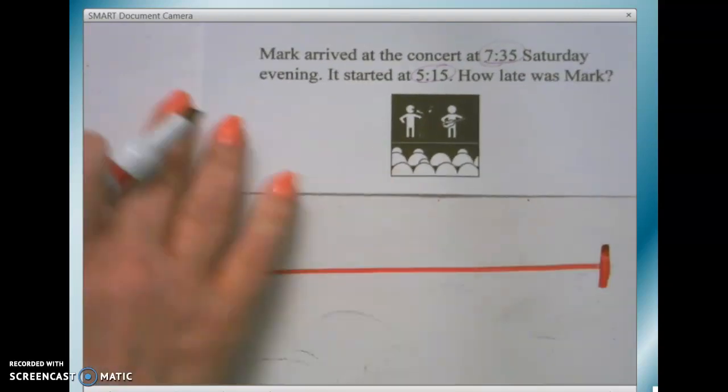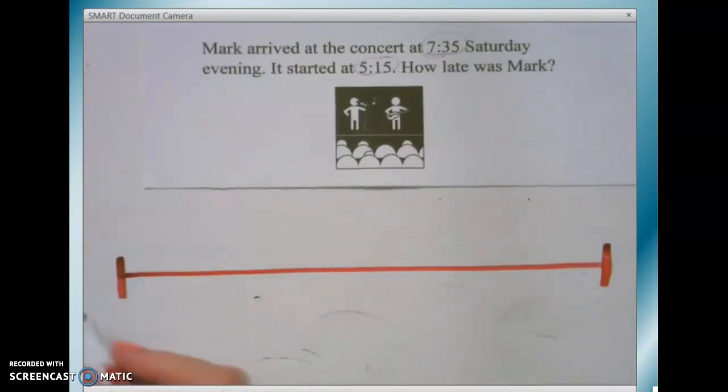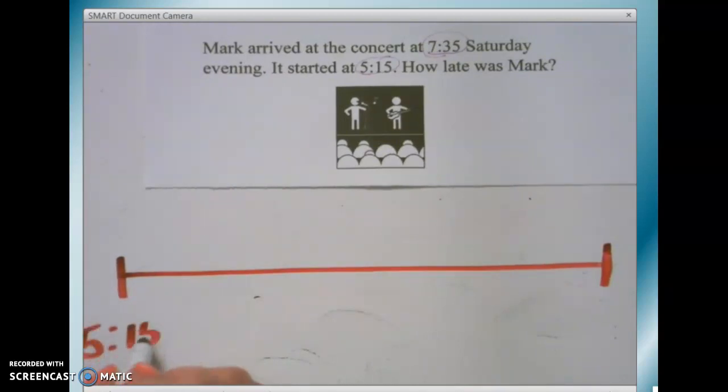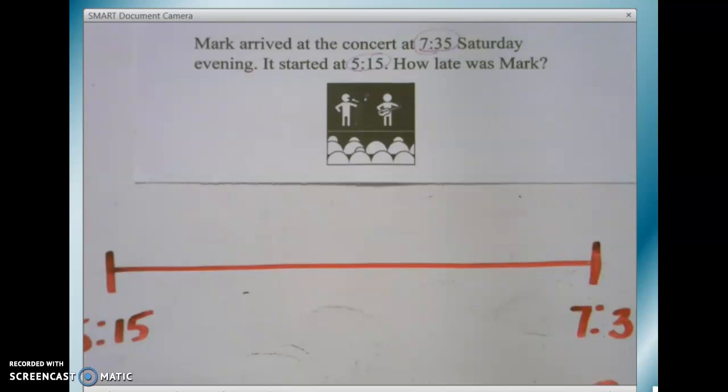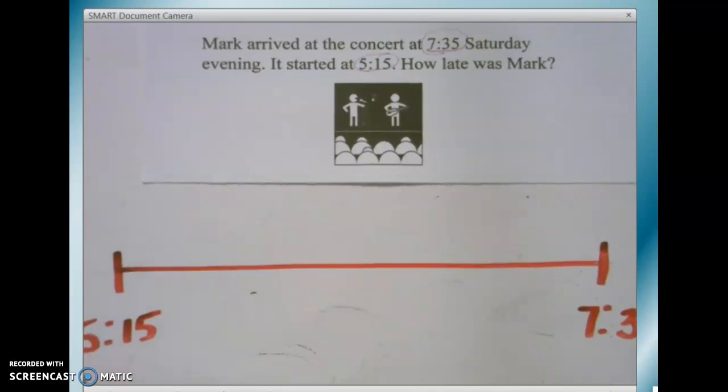All right, so how much longer? Let's see. Started at 5:15. He got there at 7:35. So you see, this is what time the concert started. Mark arrived at 7:35. How much time is it between the beginning and the end?